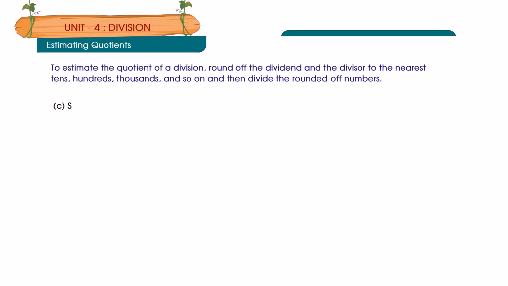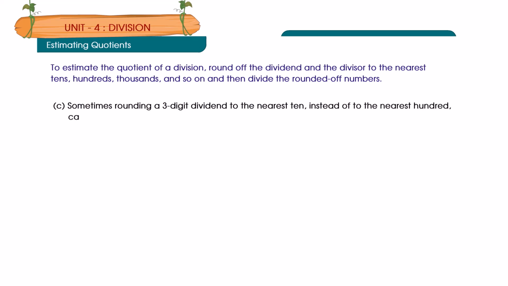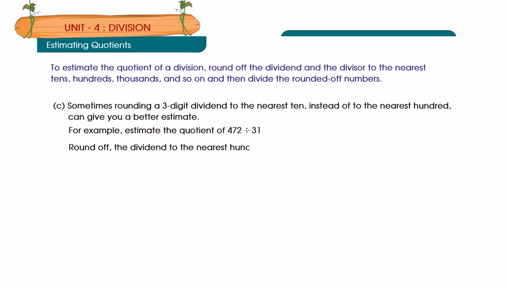C. Sometimes rounding a 3-digit dividend to the nearest tens instead of the nearest hundred can give you a better estimate. For example, estimate the quotient of 472 divided by 31. Round off the dividend to the nearest hundred. 472 is rounded off to 500.